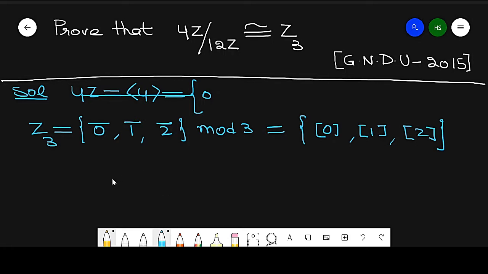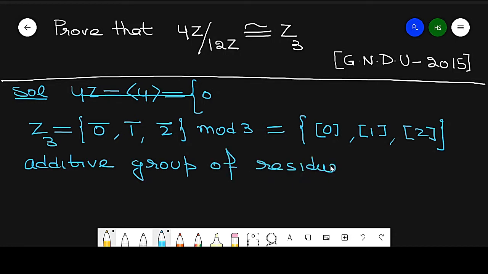Now it is an additive group. So this is an additive group of residue classes modulo 3, right?